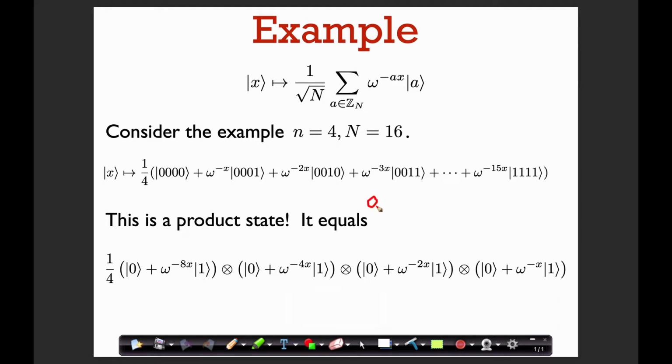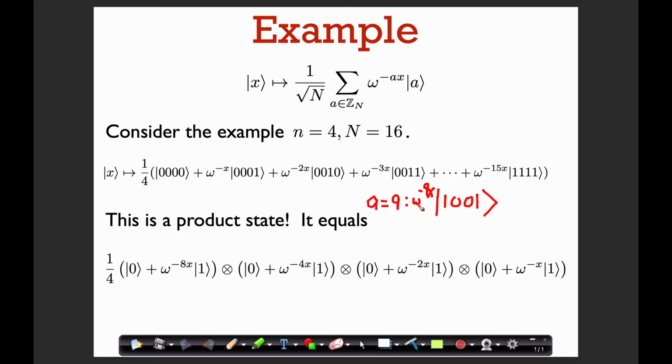when a is equal to, say, 9, so it has the binary representation 1, 0, 0, 1. And now let's look at what coefficient we want in front of this state. So here, of course, we want omega to the minus 9x as our amplitude on this state.